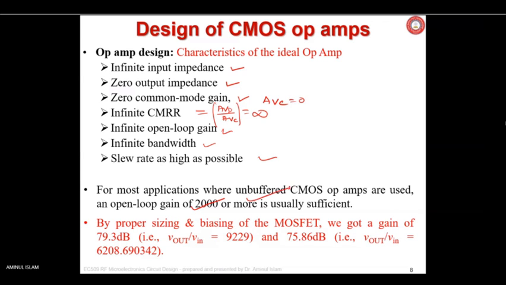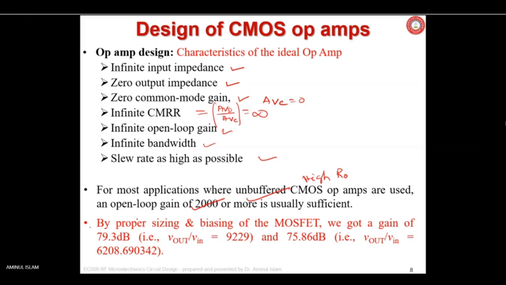Unbuffered CMOS op-amp. Unbuffered is what then? High output resistance, high R_O. We have simulated this op-amp in our Cadence VLSI design lab, with proper biasing and sizing.